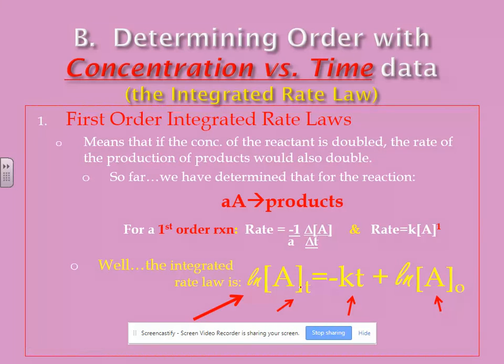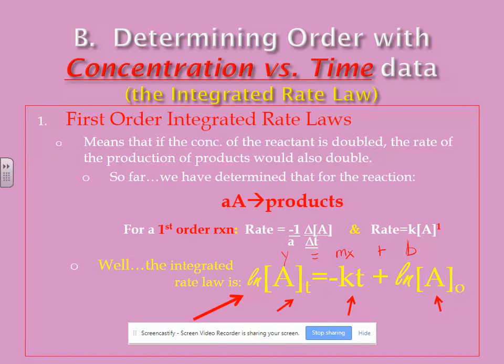So again, this is the natural log of A at time equal to t. K is your rate constant, which is also going to be your slope here because it's going to be in the form of y equals mx plus b. Keep that in mind. The x value is always your time.